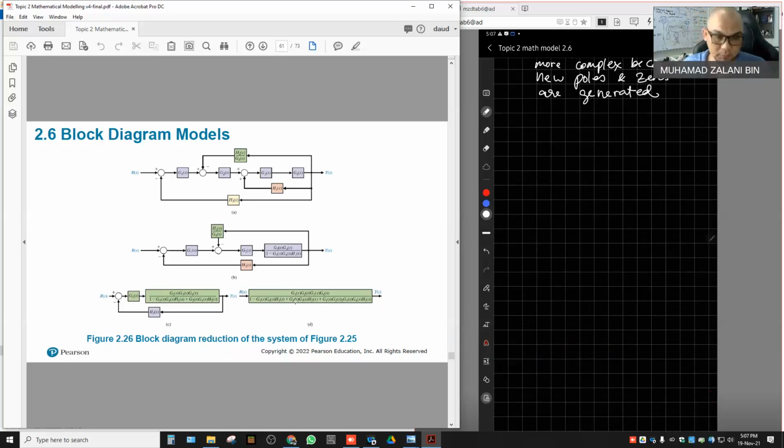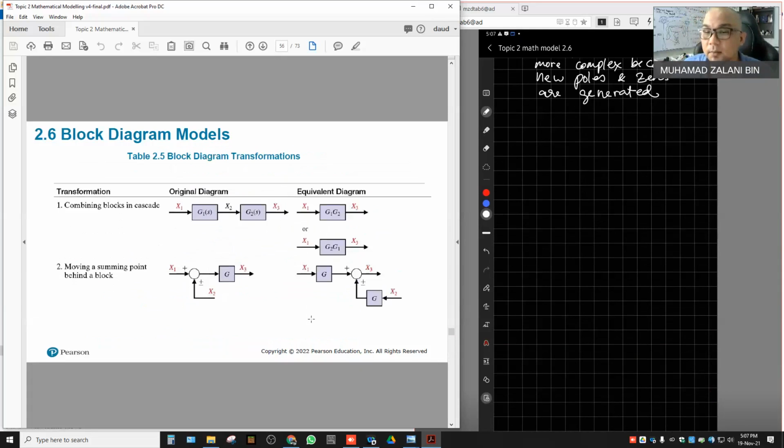All right. Next step. Let's do some proof of this. Why is it G1 G2 from this cascaded block? How does it become G1 and G2? So let me show some calculation to show you the proof.